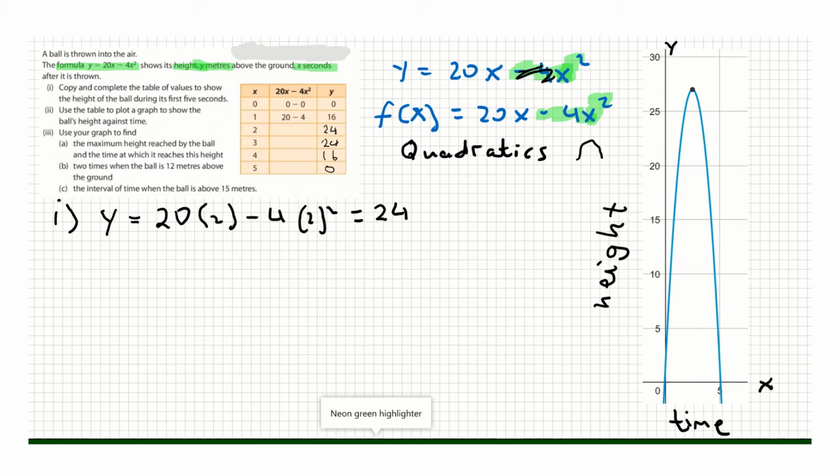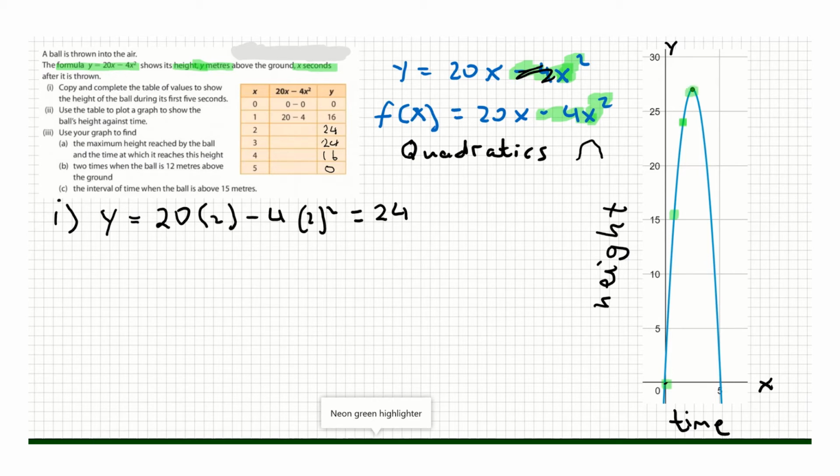Okay, we can see 0 seconds is 0 meters. Now that ball is thrown in the air. So after 1 second it's 16, which is about here. 2 seconds it's 24, which is just under 25, about here.